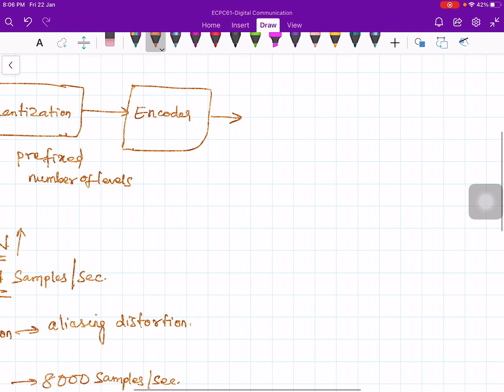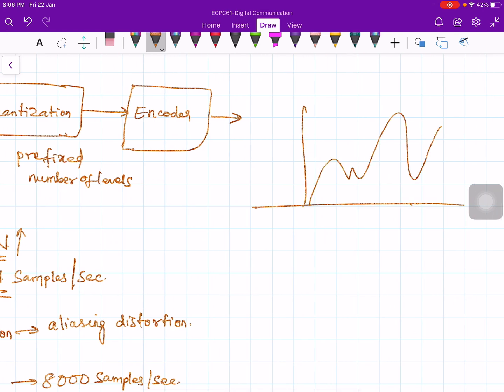For example, let's say this is your voice signal like this. Before sampling, this voice signal is continuous time and continuous amplitude. The amplitude is continuously changing and time is also continuously changing. So both amplitude as well as time are continuous variables.